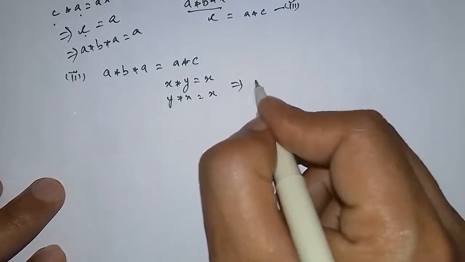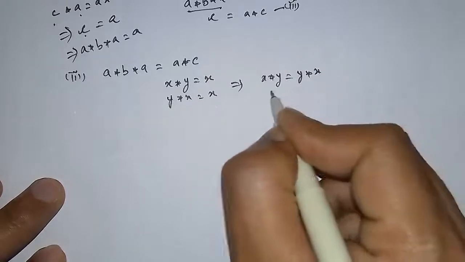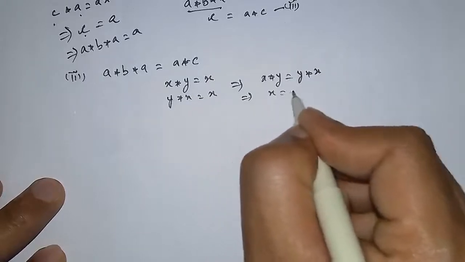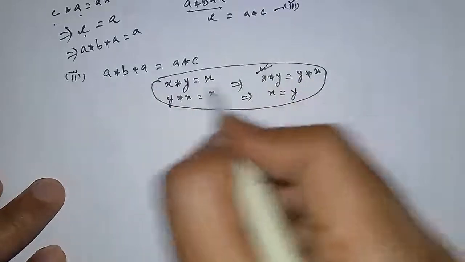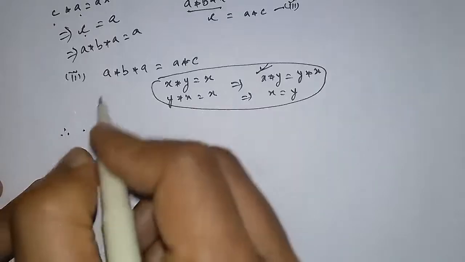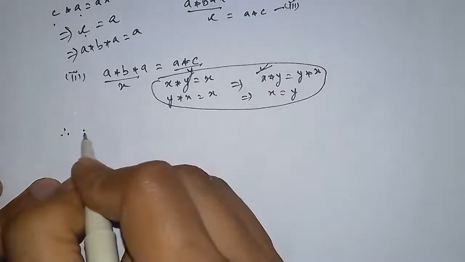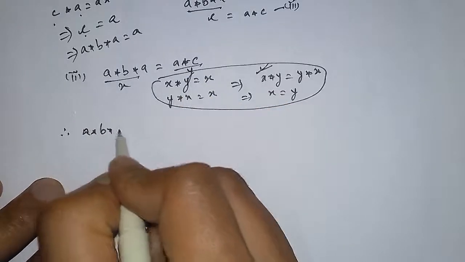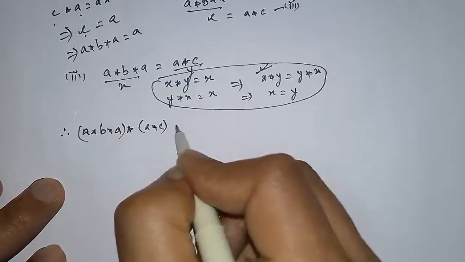Now since x star y is equal to y star x, it implies that x is equal to y. The same approach I will also use in the third question. How? See, I have supposed this as x and suppose this as y: A star B star C multiplied by A star C.